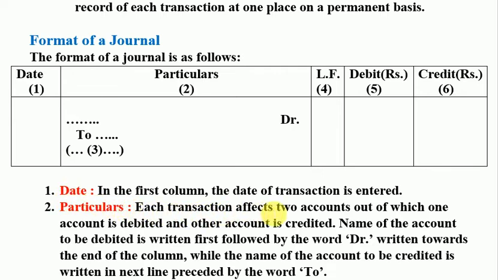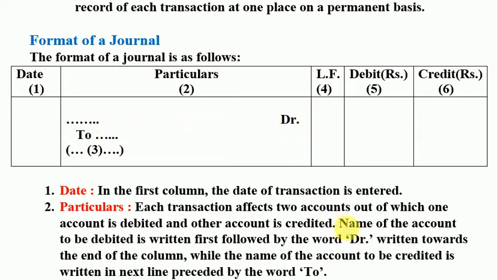Each transaction affects two accounts, out of which one account is debited and another account is credited. The name of the account to be debited is written first, followed by the word debit. Here you can see that the first account will be debited and the second account will be credited. As we have discussed right now, each and every transaction has two aspects. So the first aspect will be debited and the second aspect will be credited, and this first aspect is followed by the word debit.